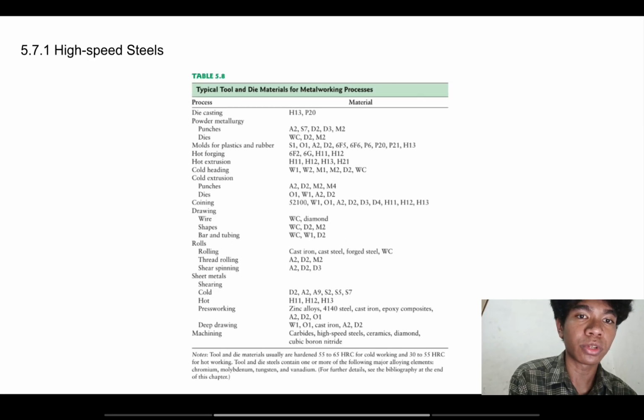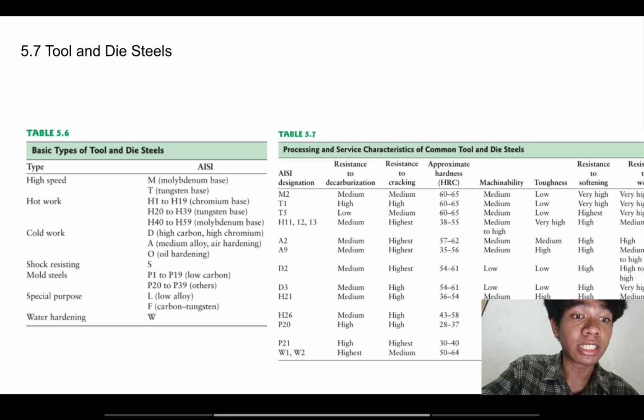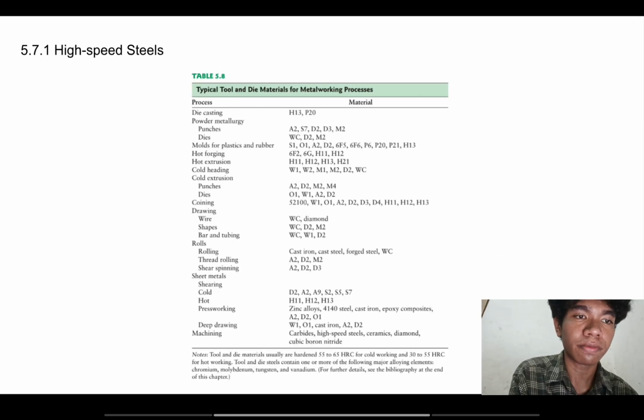And also table 5.7, in the table, there are most alloy tool and die steel first developed in the early 1900s, and they have high speed steel tools that can be coated with titanium nitride and titanium carbide for improved wear resistance. And also the die steels can have high toughness as well as high resistance to wear and cracking. So that's the advantages.